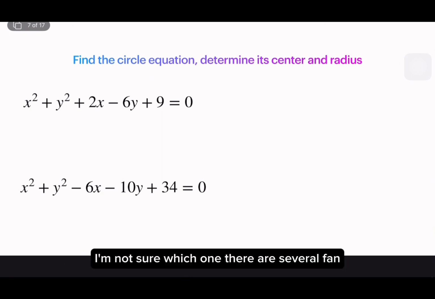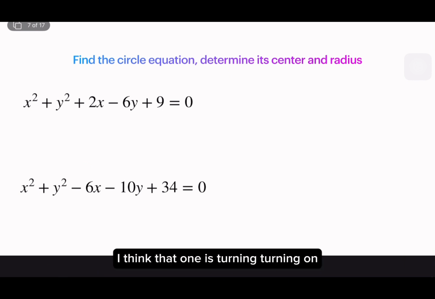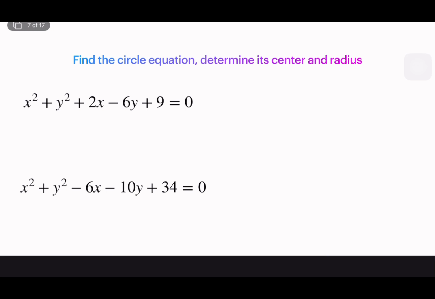I'm not sure which one, because there are several plans. But do you think it's working? I think that one is turning on. Maybe this one.